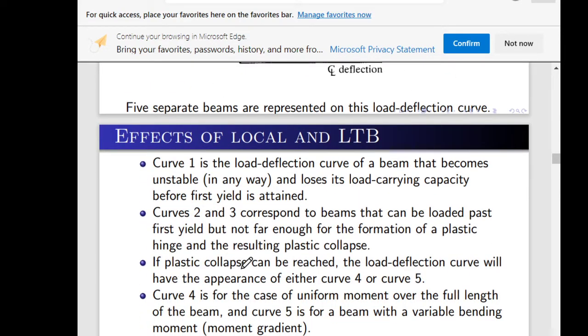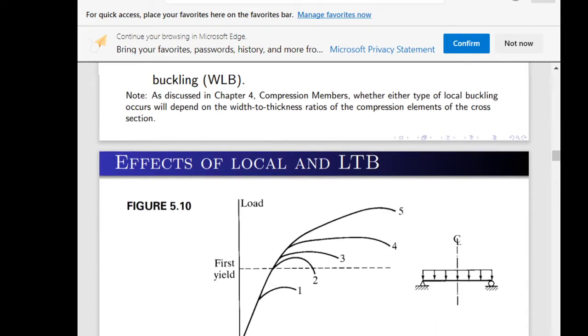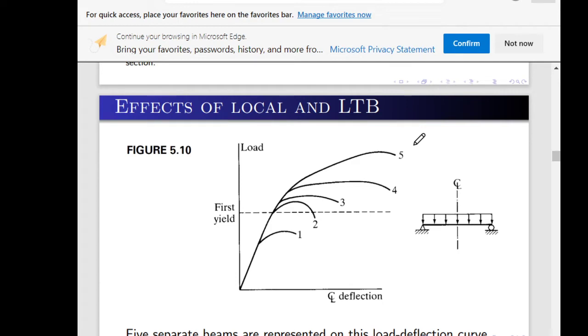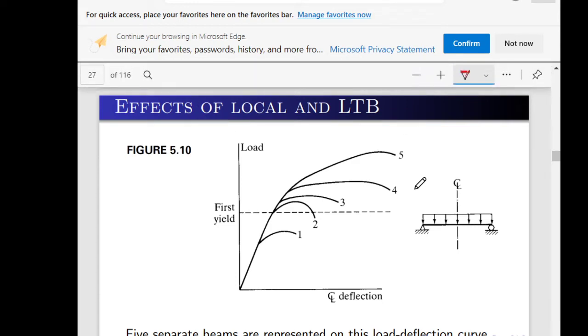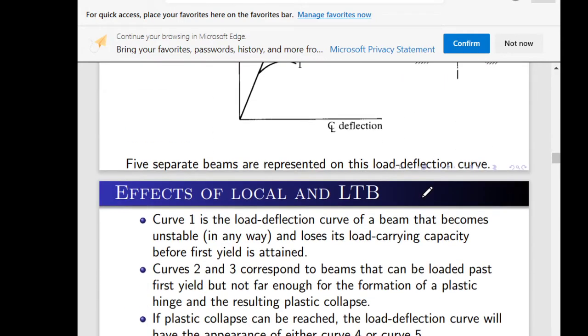So if plastic collapse can be reached, the load deflection curve will have the appearance of either curve 4 or curve 5. In curve 4 or 5, it reached its plastic limit, meaning in 4 and 5 the beam was properly established. It yielded, then reached its plastic limit, then collapse.